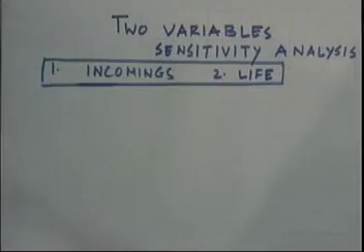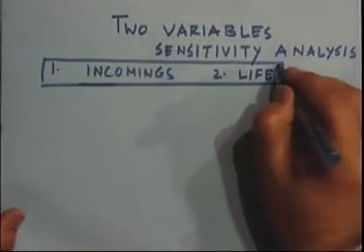In one approach, what we do is, out of the two variables, at the beginning we keep one variable fixed and change the other variable. For example, let us fix the life.